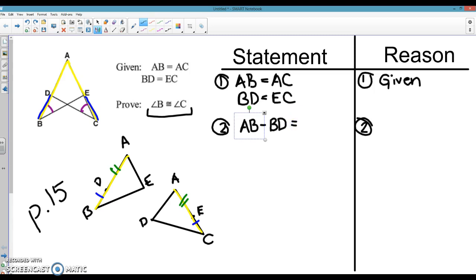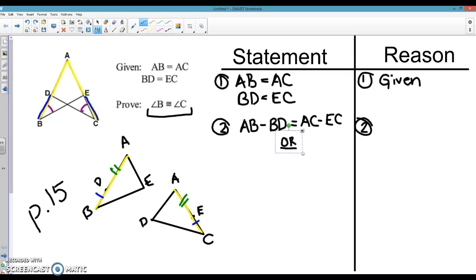So now we'll take the entire yellow section of the other triangle, which is AC, and then subtract the smaller section on that triangle, which is EC. And let's put that all together with what we're trying to say.